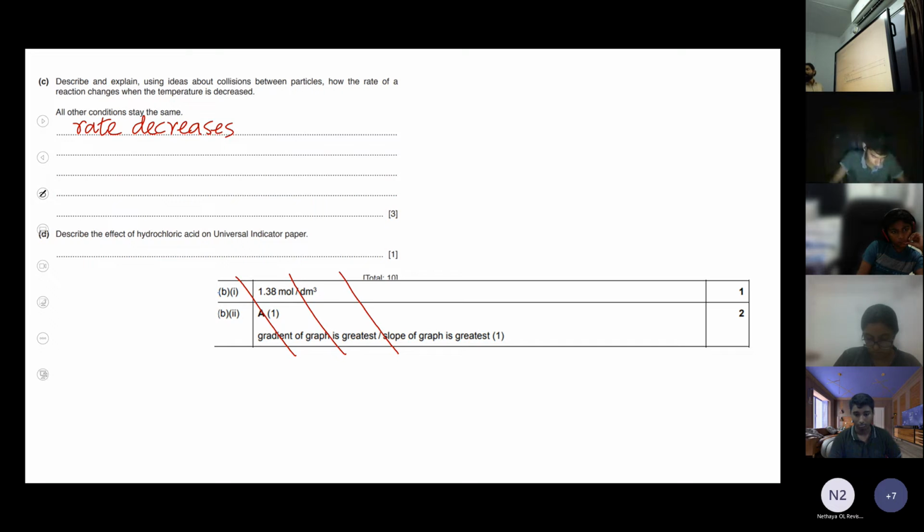So 1 mark. Then the explanation. Since there are 3 marks here, there are 2 marks for the explanation, so then you have to say less kinetic energy.